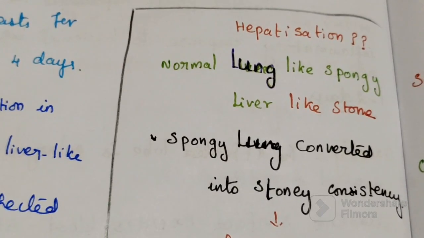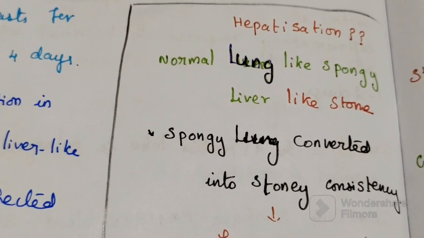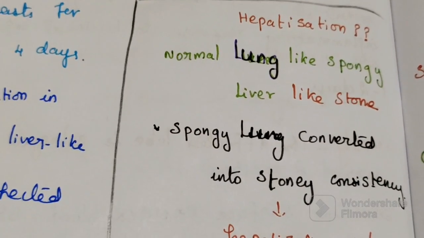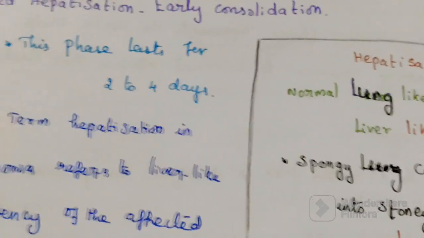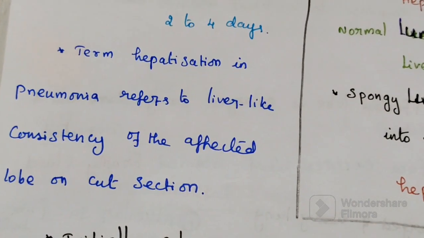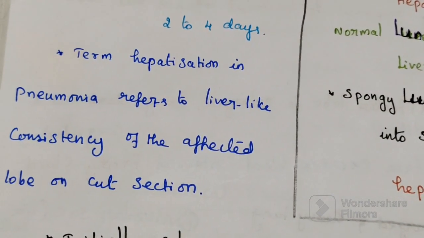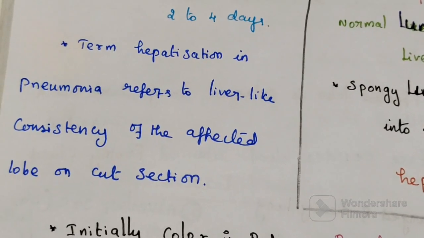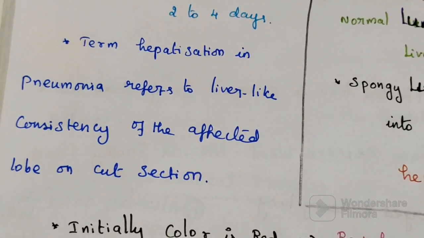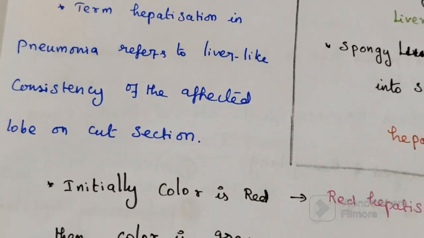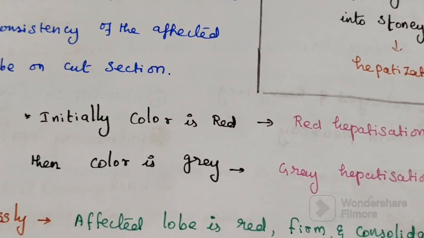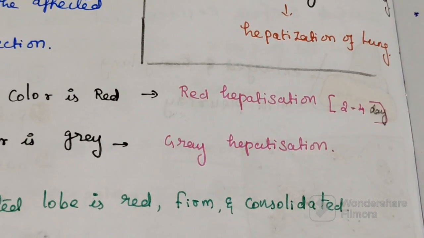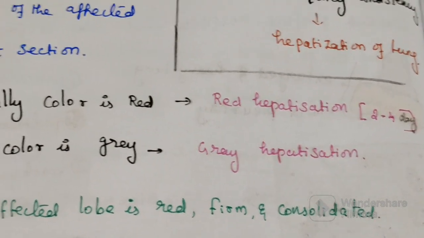That's why it is called hepatization of lungs. So the term hepatization in pneumonia refers to the liver-like consistency of the affected lobe on cut section. Initially the color is red, so it has the name red hepatization. It takes 2 to 4 days.